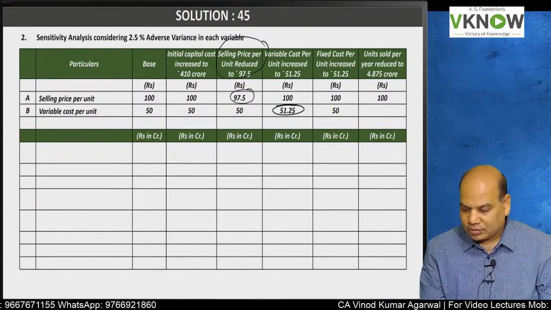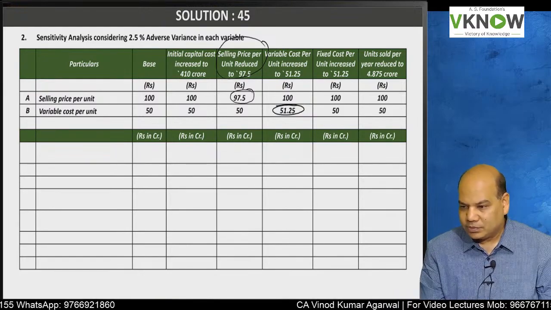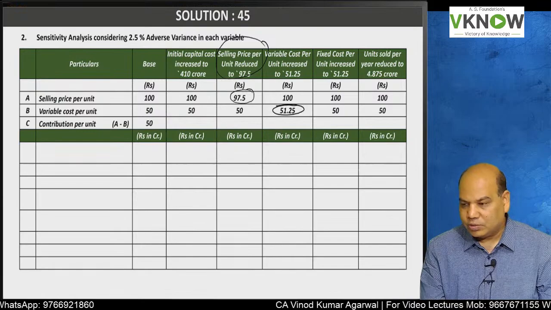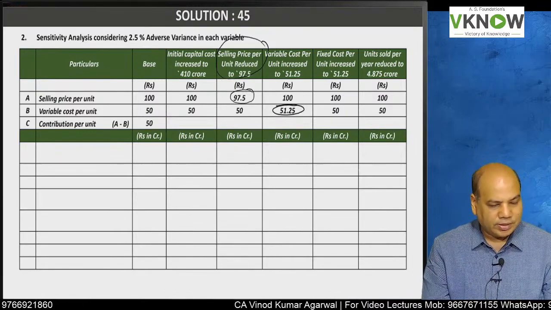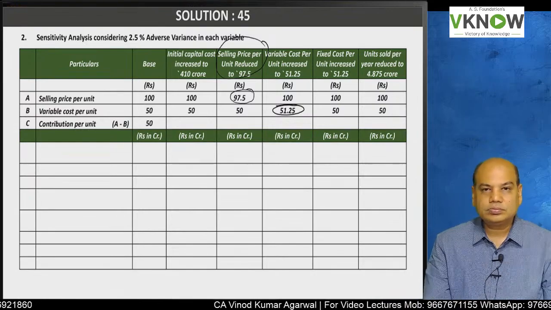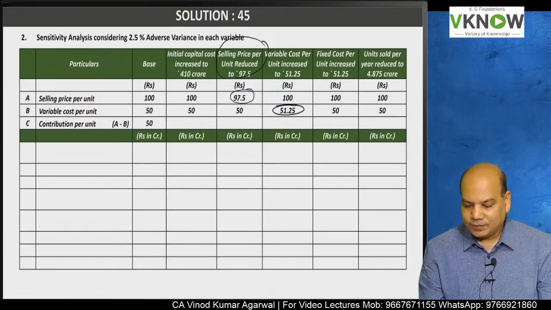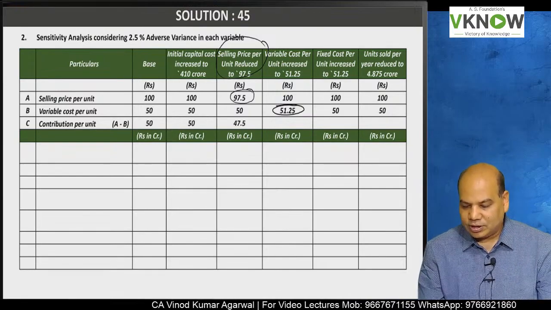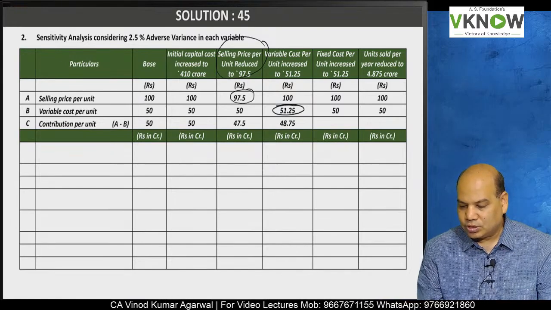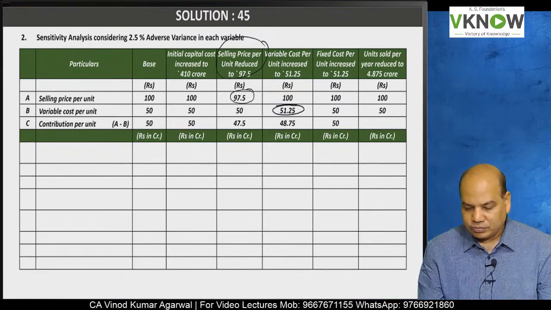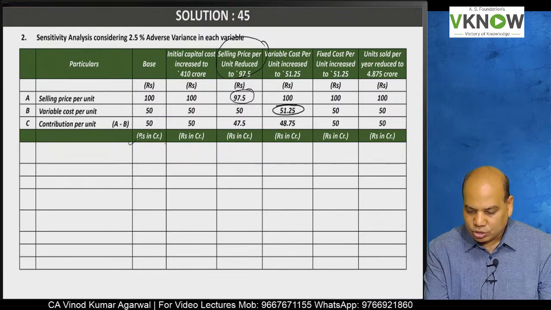Other columns, variable cost per unit in rupees will be 50, and therefore contribution per unit is A minus B: 50, 50, 47.50, 48.75, 50, 50. Now you write down rupees in crores.